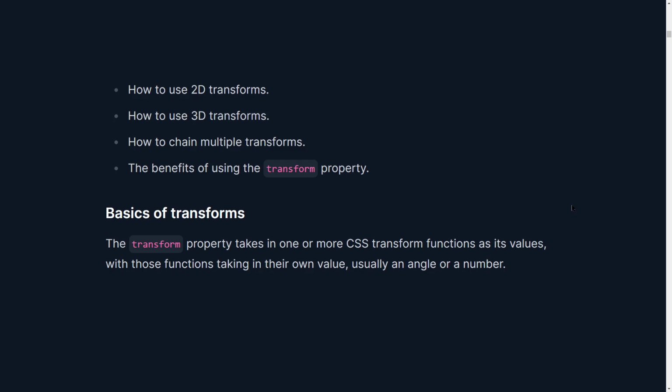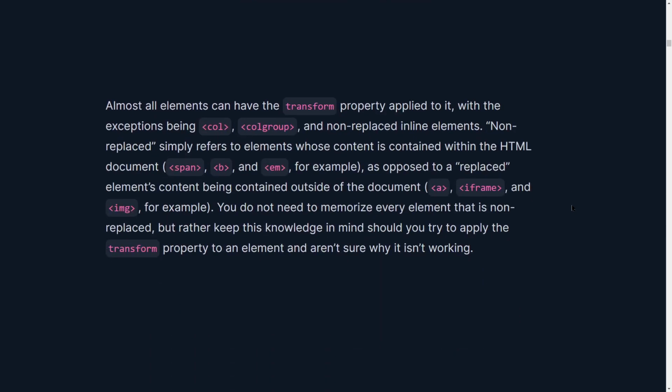Basics of transforms. The transform property takes in one or more CSS transform functions as its values, with those functions taking in their own value, usually an angle or a number. Almost all elements can have the transform property applied to them, with the exception being colgroup and non-replaced inline elements.